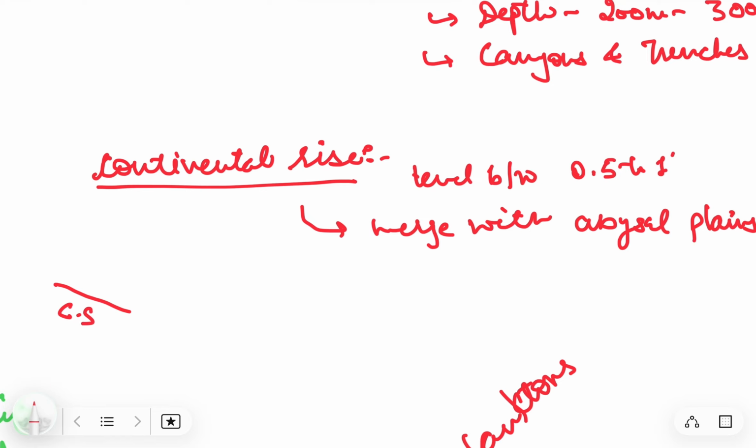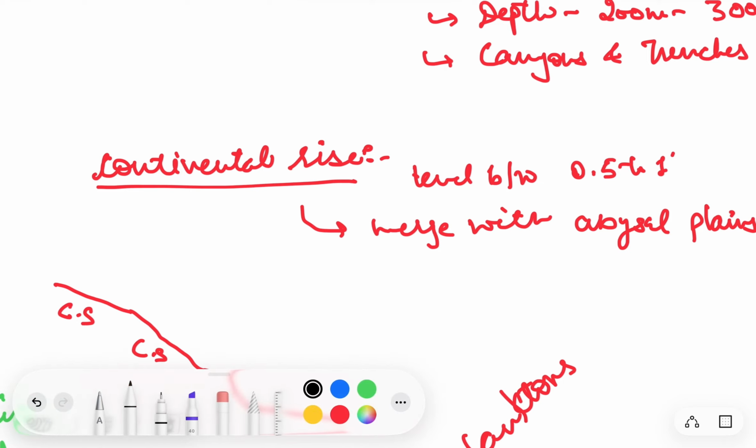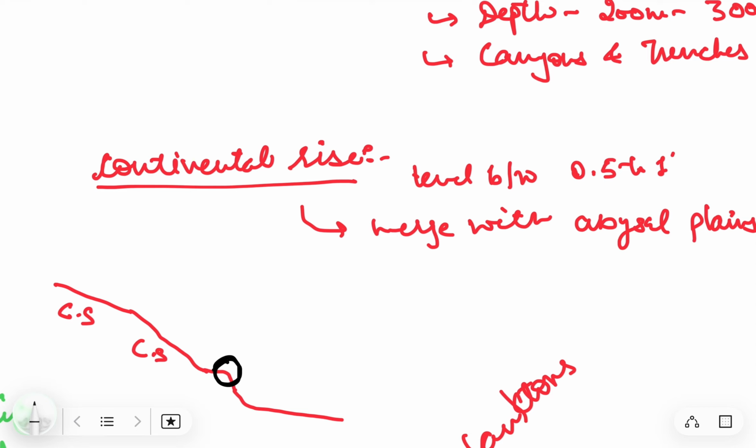So this is the continental shelf. Then we have continental slope, and then there is a little rise. So this area is known as the continental rise.